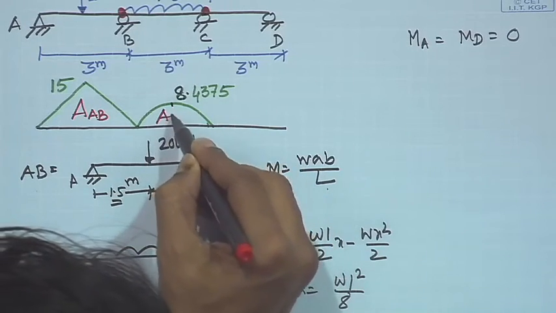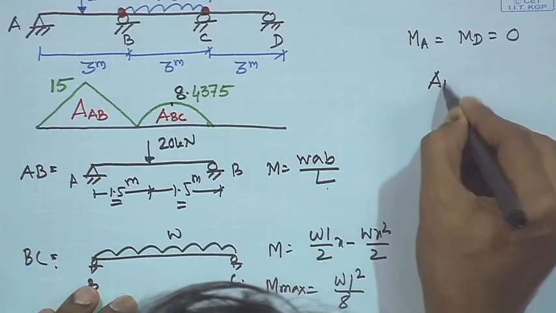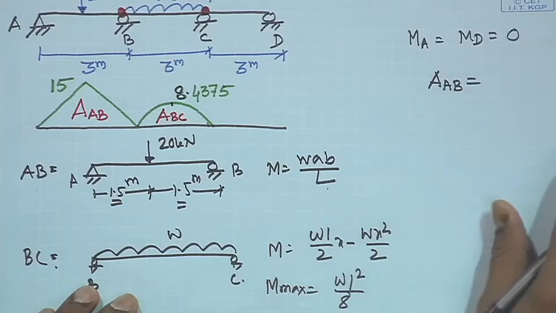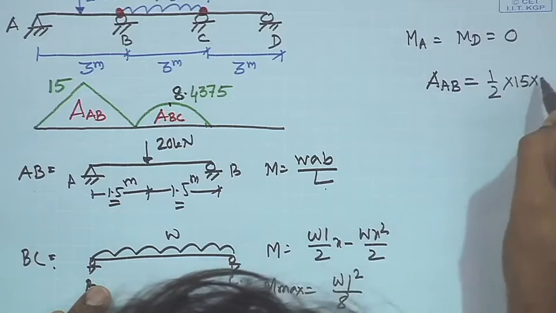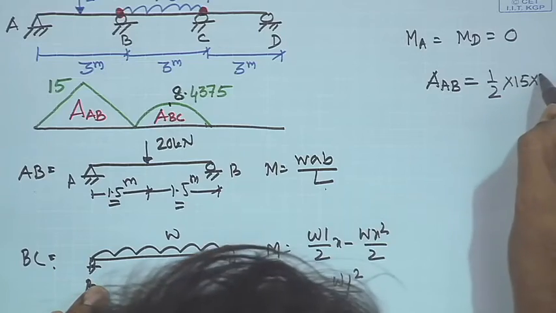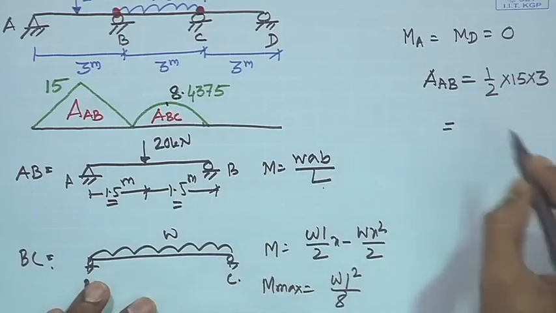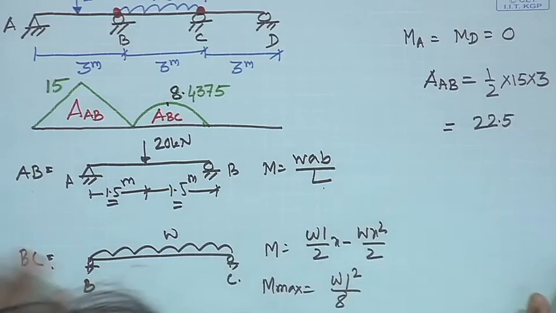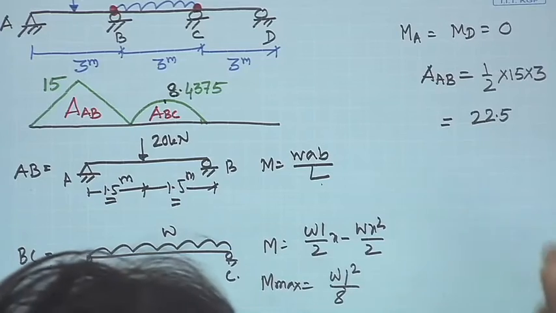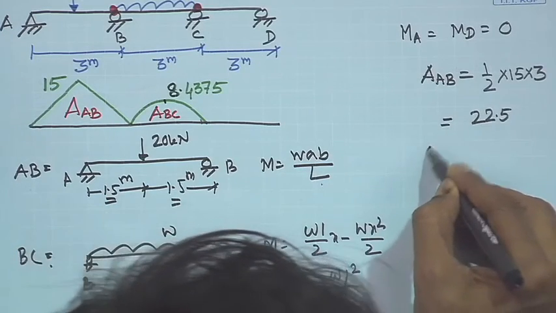BC, area BC. So, area AB is equal to half into 15 into 3, then this becomes 22.5. Okay. Now, what is area BC?